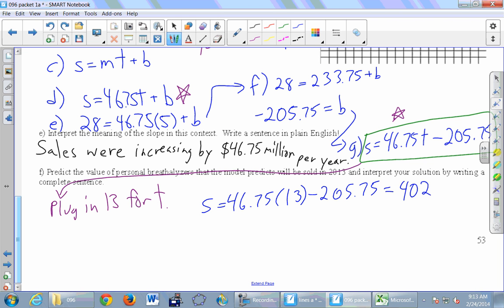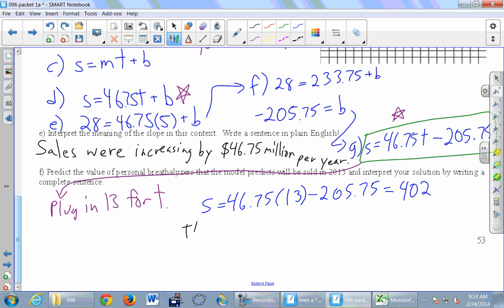Okay, and then it says write a complete sentence to interpret the answer. That 402 represents what? What are the units for this 402? Millions of dollars. So we just have to write it.